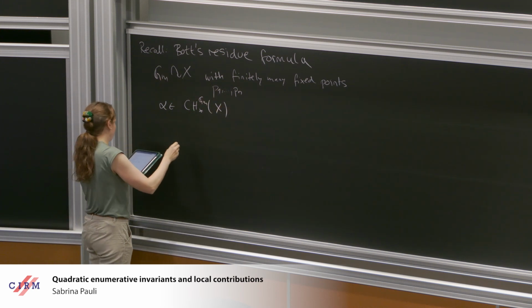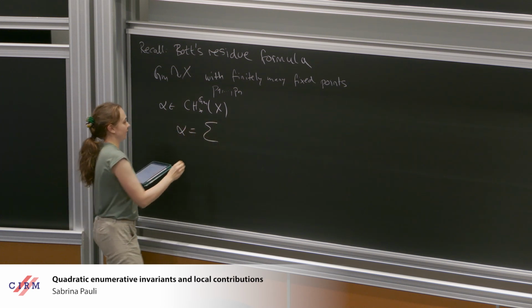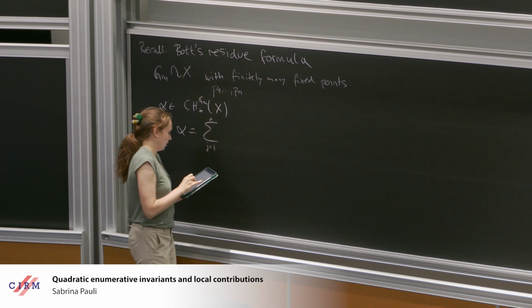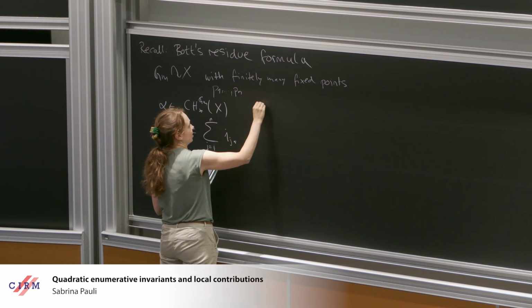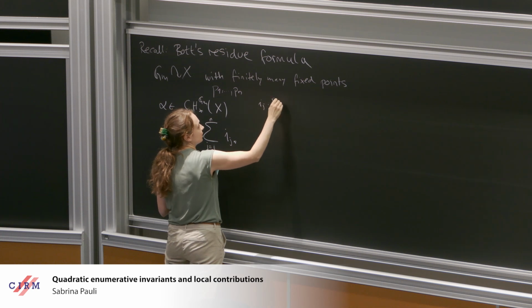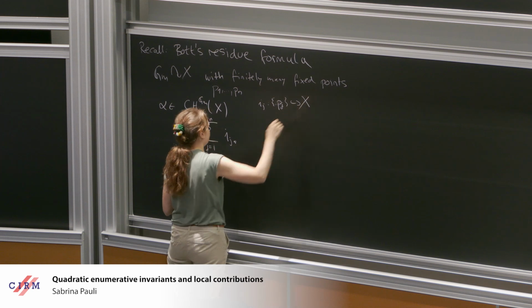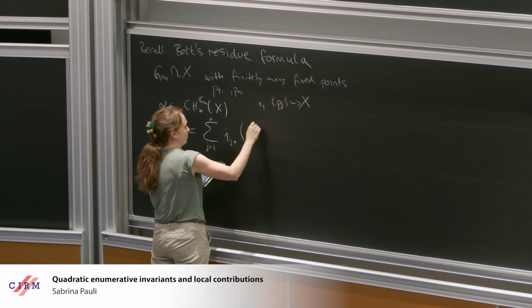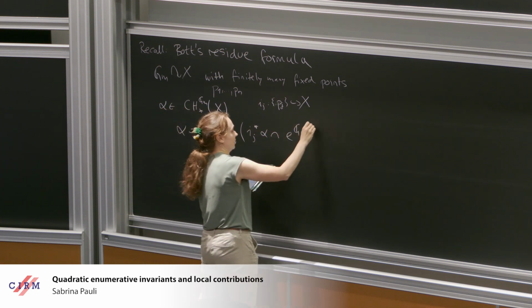Then Bott's residue formula tells us that alpha is the sum over all the fixed points, so j from 1 to n, of i_j lower star, where i_j is just the inclusion of p_j into X, of i_j upper star alpha capped with the equivariant Euler class of here.